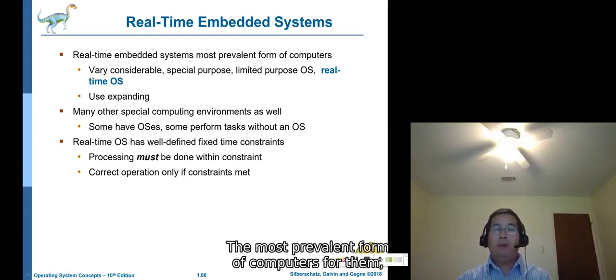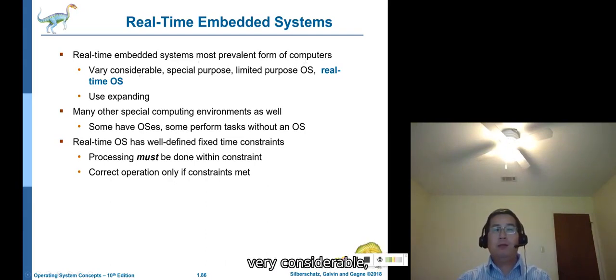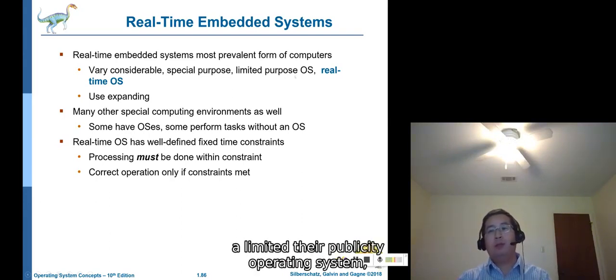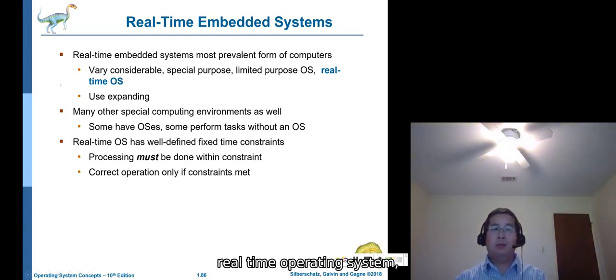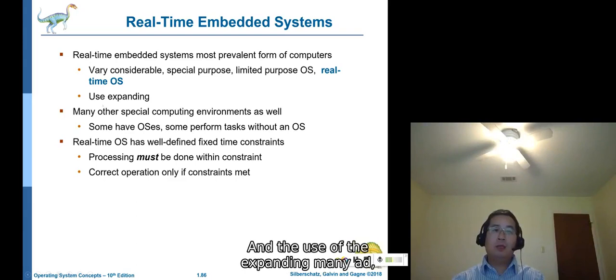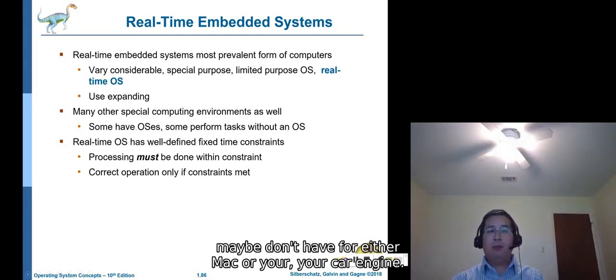It is the most prevalent form of computers. For example, they have a very special purpose, limited purpose operating system, a real-time operating system. We call this, and it is used in many other special computer environments as well. Some maybe have an operating system, maybe don't.